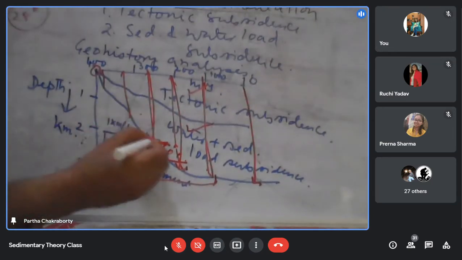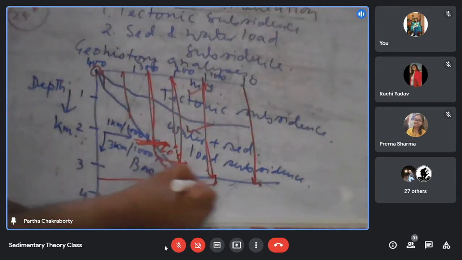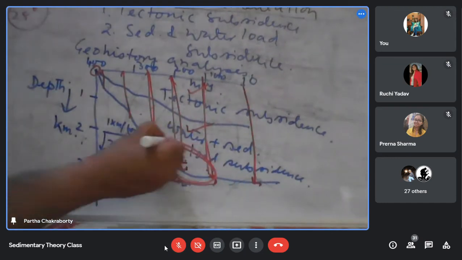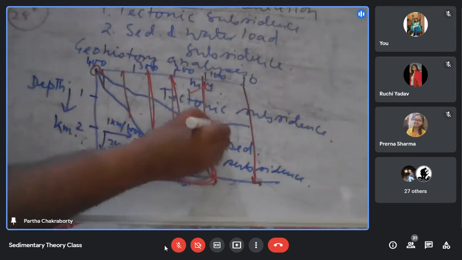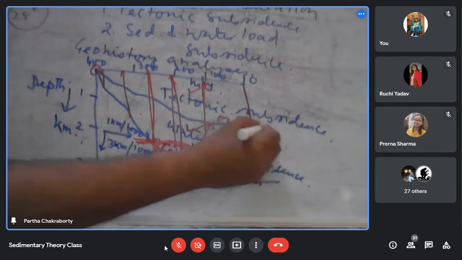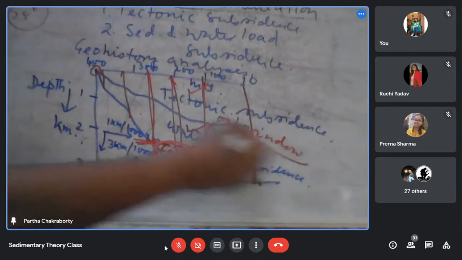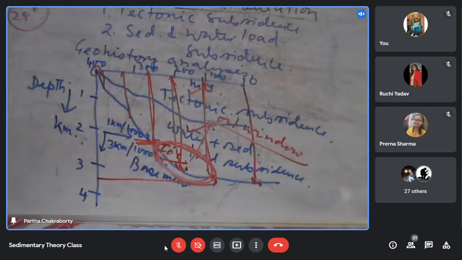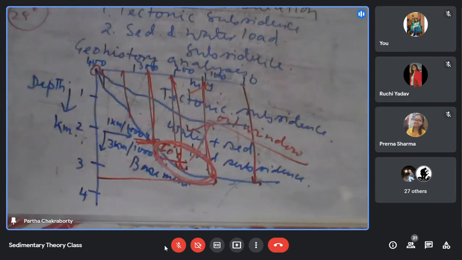So in this zone, any organic matter, if present, will create oil. We call it the oil window: 60 to 120 degrees centigrade, where the organic matter creates oil. Anyway, I am not going there. I just want you to know the importance of geohistory analysis.